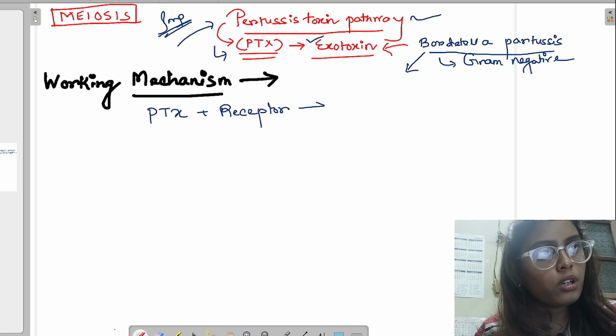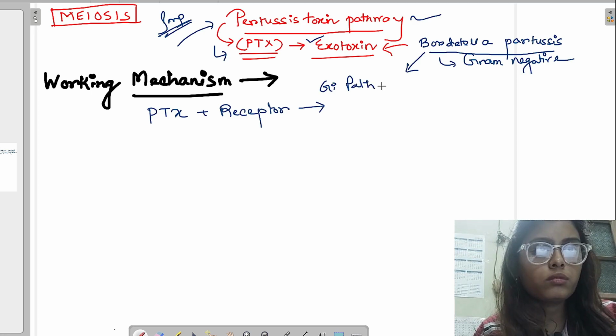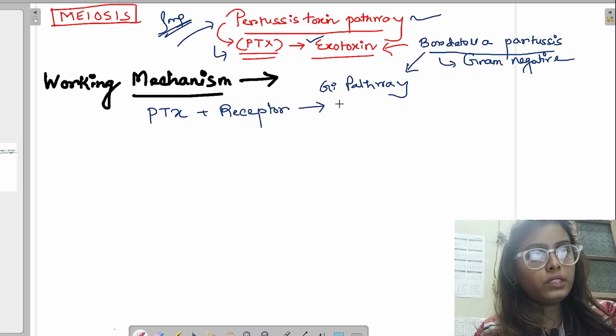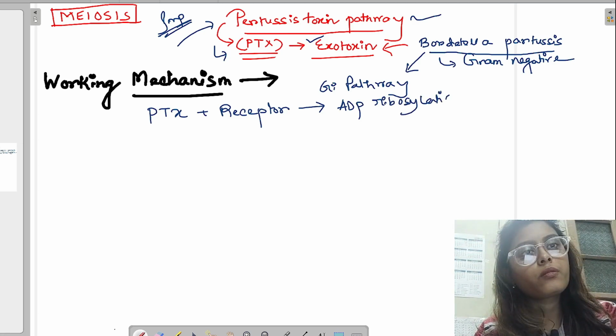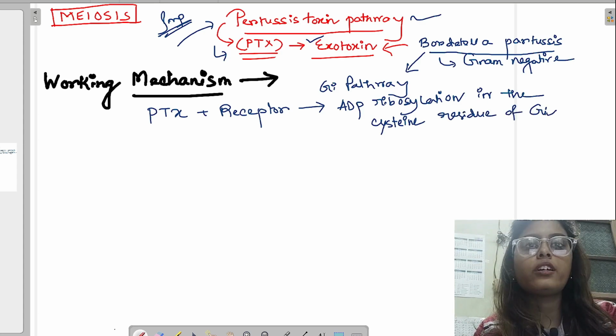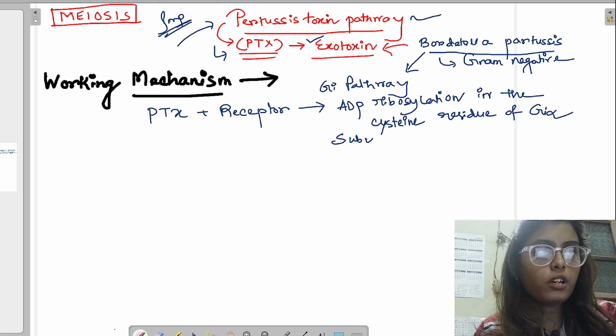And in a normal Gi pathway, it will do the ADP ribosylation in the cysteine residue of the Gi alpha subunit, right?